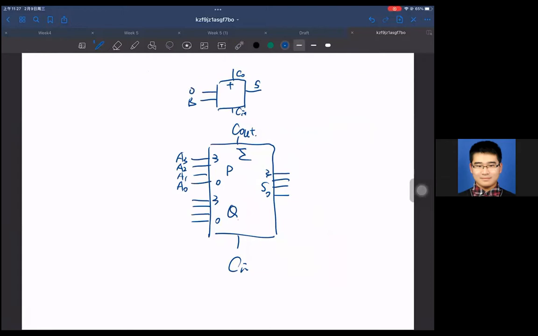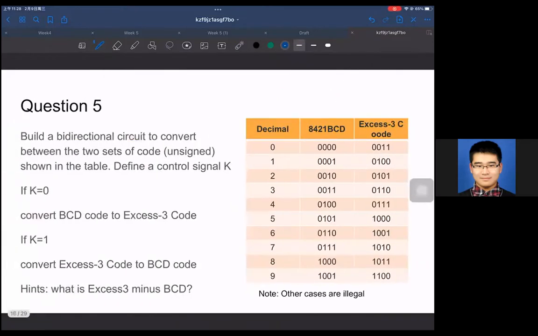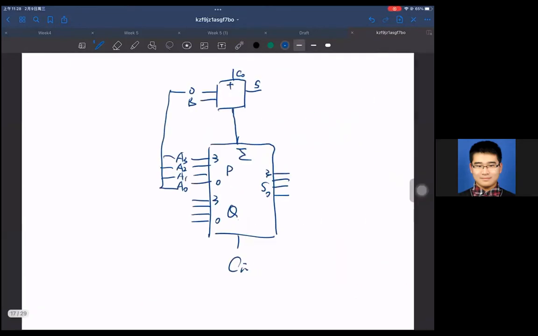So now we have one style. Let's maybe connect the C out to C in. So you see, this is a 5-bit signed number of our BCD code, or whatever excess-3 code, our source code. So this is the 5-bit source.